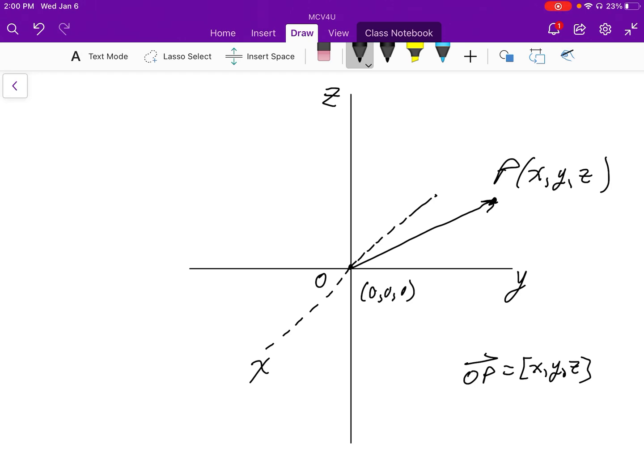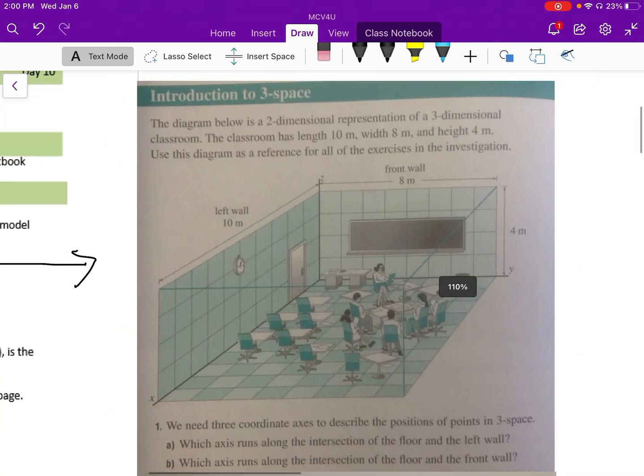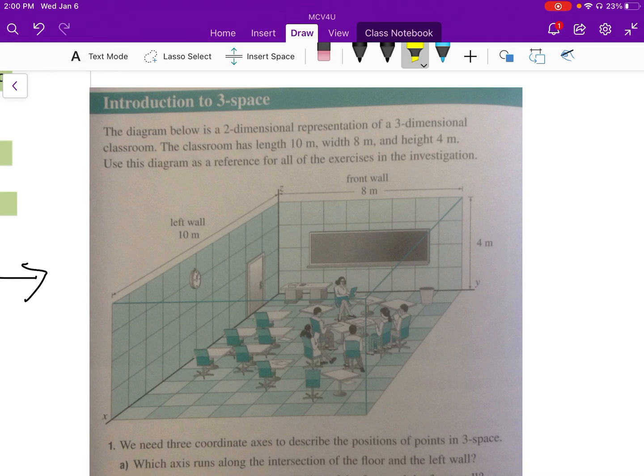Now, to help you with this idea, I want you to pause the video and go through this investigation. If you take a look, this classroom is set up the same way as the grid system is. You can see we've got the X coming out at us, we've got the Z vertical, and the Y is the horizontal.